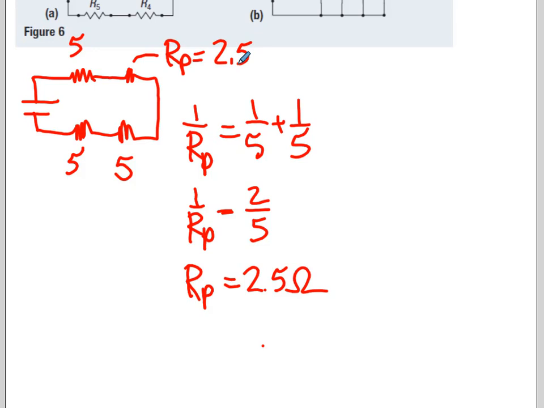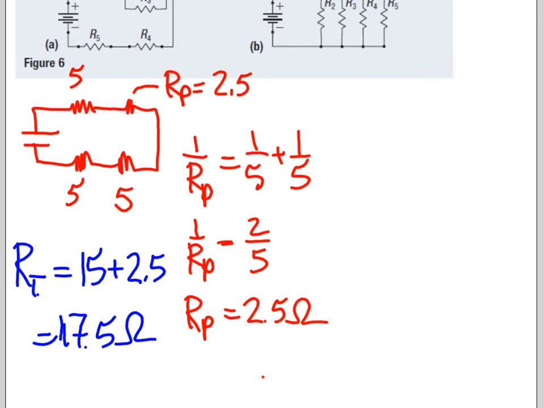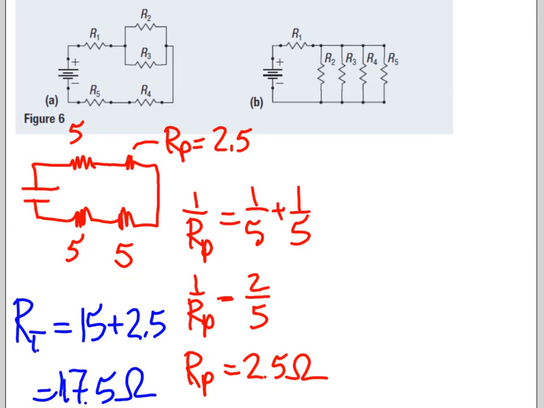Okay, so the total for this guy, the R total, would be the 3 5s added together plus the 2.5 for a total of 17.5 ohms. Cool.